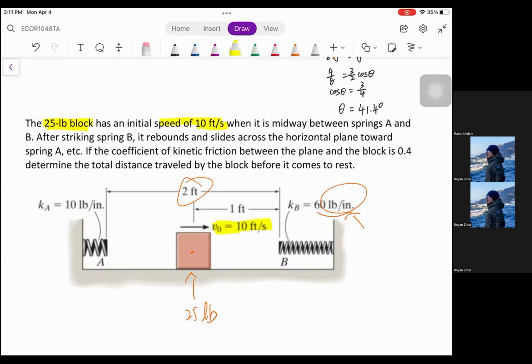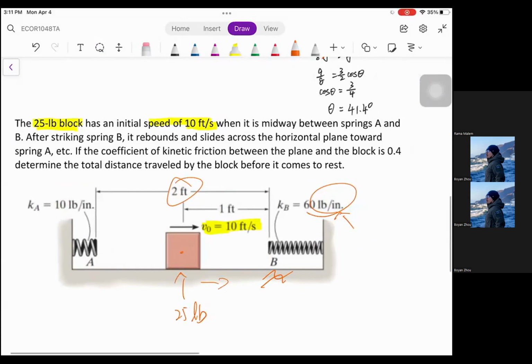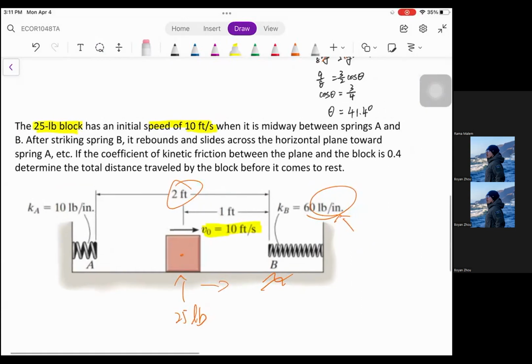So the block is gonna go to the right and then gonna hit a spring here. When it hits the spring, the kinetic energy becomes the potential energy in the spring, and the spring springs it back. So essentially it's just gonna go to the right and go to the left and then go to the right.